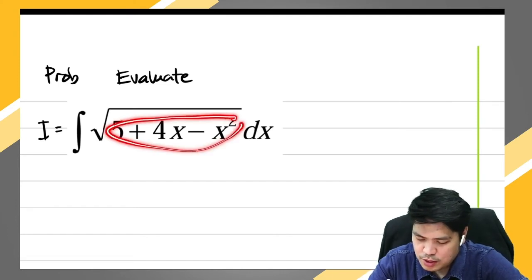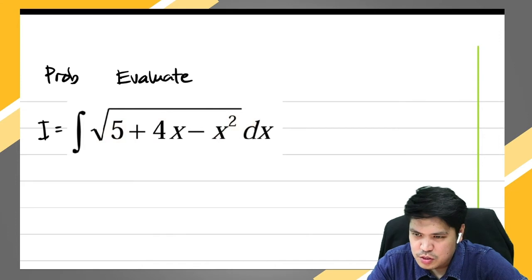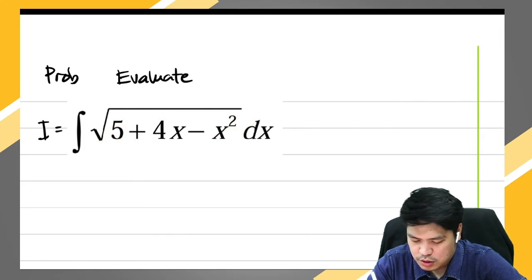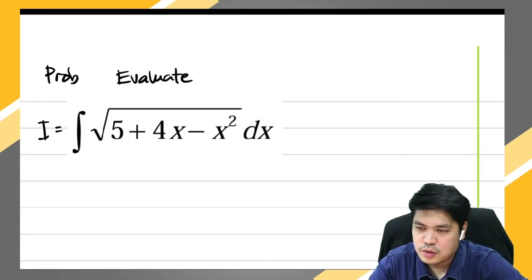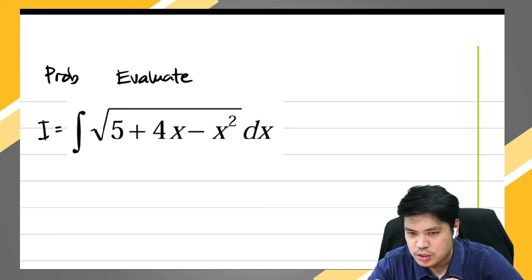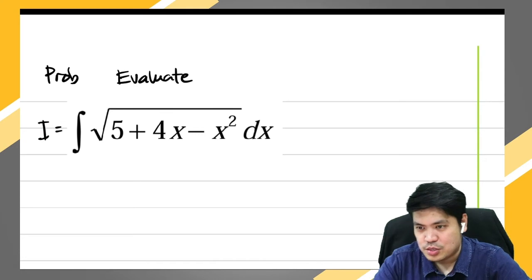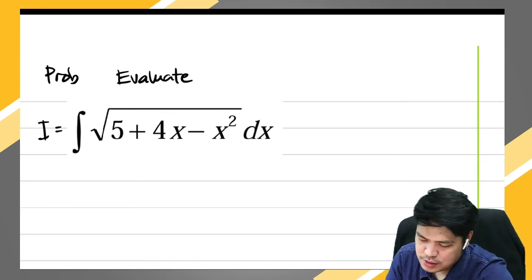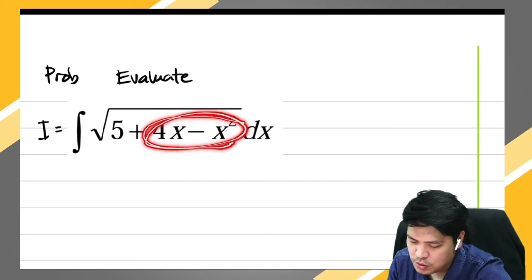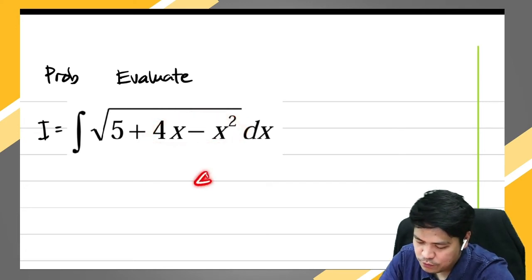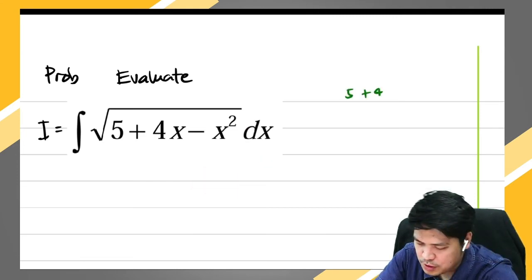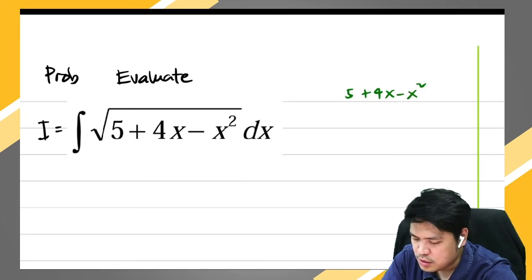But in this case, we have a trinomial. Okay? So we're familiar with the solution from our discussion on inverse trigonometric functions, right? There were also trinomials there where we just used completing the square in order to create a perfect square trinomial. So in this case, how would we make this a perfect square trinomial? If we have 4x minus x squared. So that would be 5 plus 4x minus x squared.